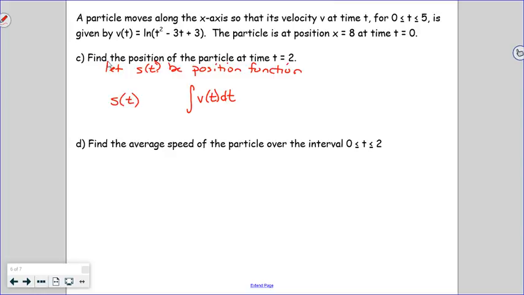And in this particular problem, they're asking us to evaluate S of 2. So if I want S of 2, I would go from time equals 0 to time equals 2 on our integral here, right? And you'll notice that I left a kind of weird space. Why? I left room for something: the initial conditions, right?